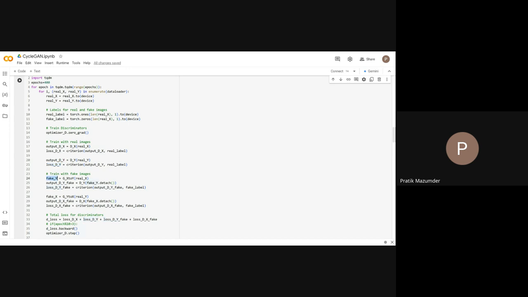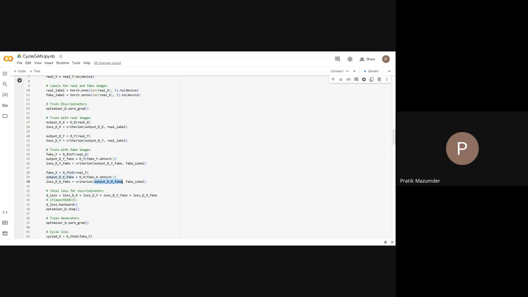Now you take the fake Y images. How are you generating the fake Y images? You are using the generator, which can take the X image as an input and give you a fake Y image. And the discriminator will try to output a fake label for this fake Y image. Similarly, the other discriminator will try to output a fake label for the fake X image, since from both ends you're trying to do the same thing.